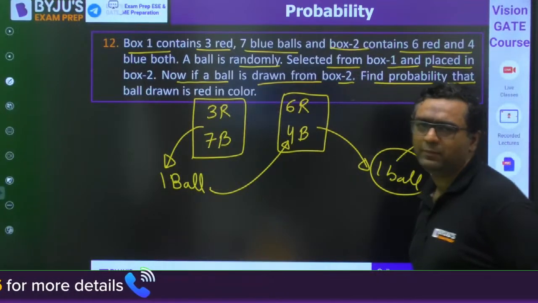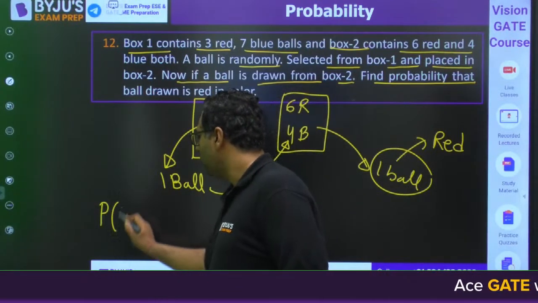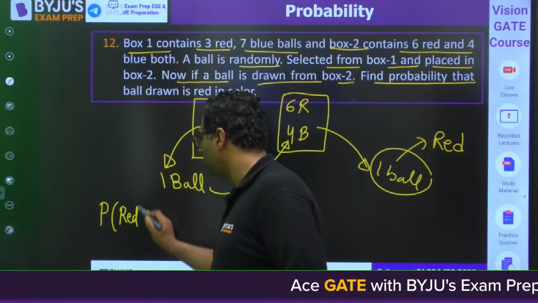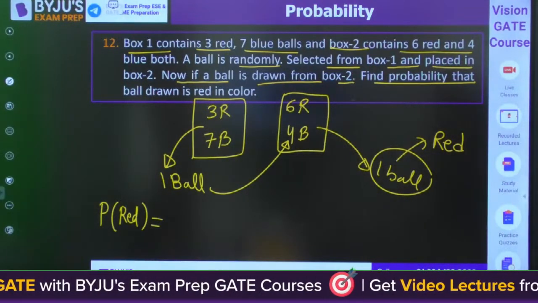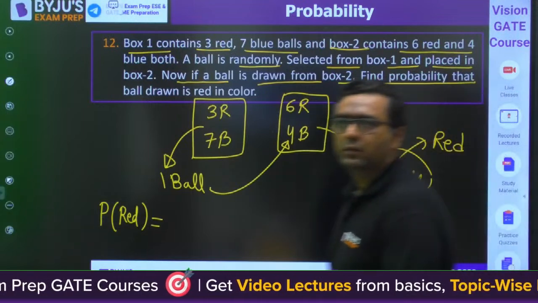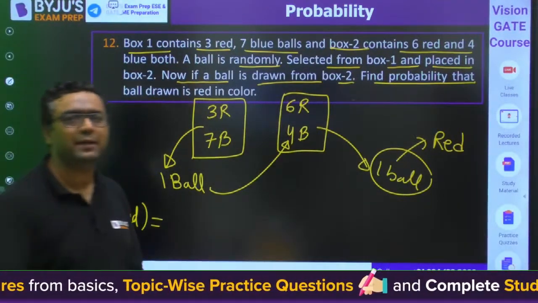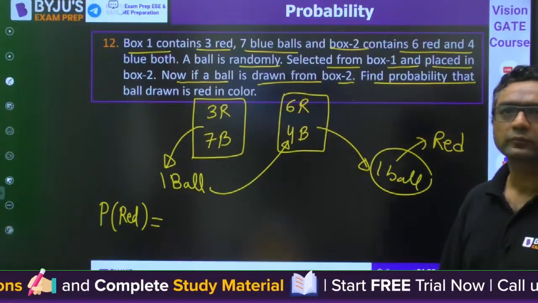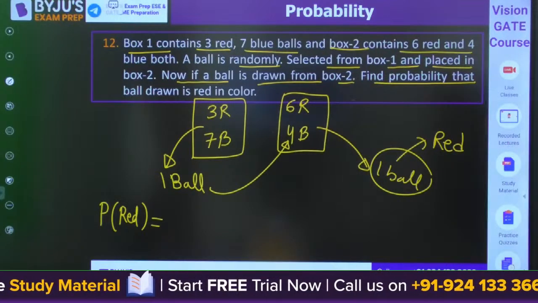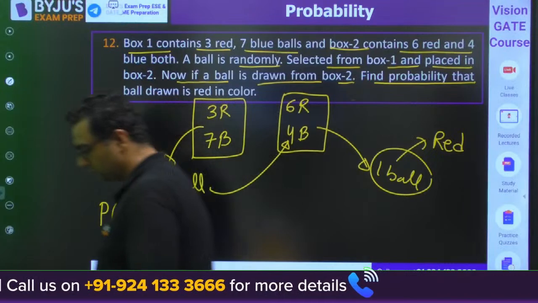We can directly do it by common sense. Can we? Probability of getting the red ball. 8/3 cannot be the answer, no? How can probability be more than 1? More than 100% probability cannot be. 3 by 8 is correct. Solve this, guys.